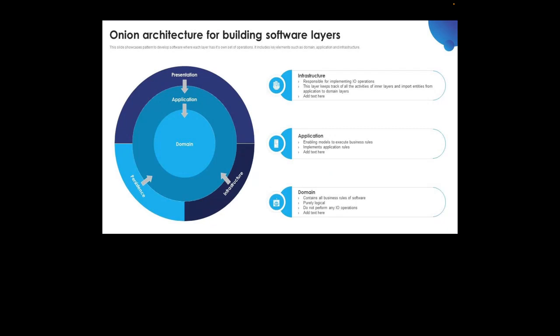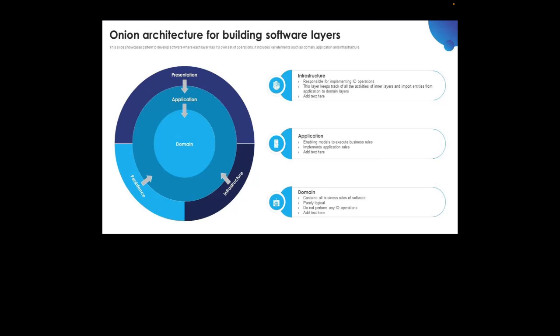For example, the presentation layer, then the application layer, the domain, and then the infrastructure, persistence, and so on. It will be layer by layer, and that's why it's called onion architecture. It's one of the best architectures currently followed in the market, and it's very popular.